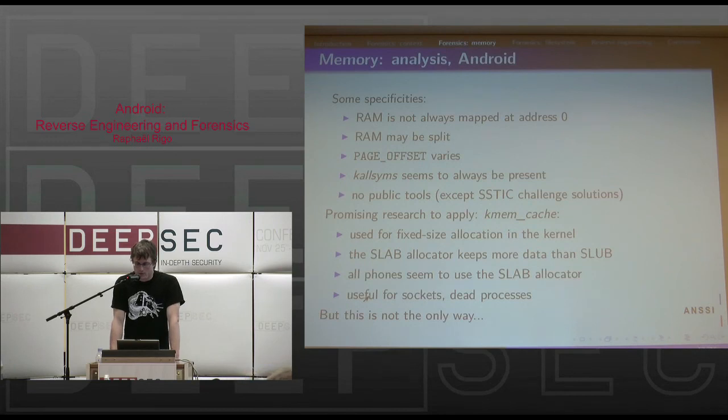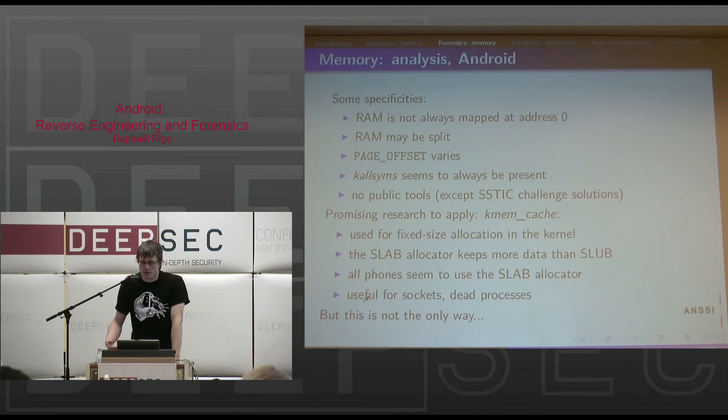Also, a few months ago there was a really interesting research article about leveraging the kmem cache in the kernel. That is, it's used for fixed-size allocation of structures in the kernel. Basically, when you allocate something like inodes or socket structures, the structure size is always the same.